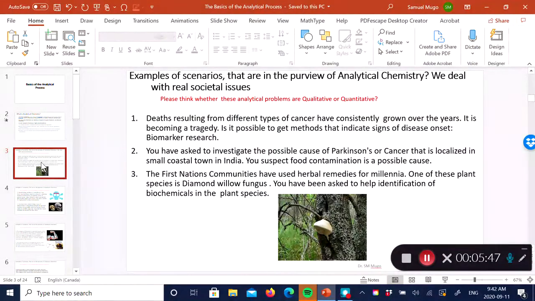So again, a very wide area of research in terms of detecting phytochemicals or biochemicals in the environment, especially in plants. In fact, if you think about modern day medicine, it started from natural products. That's how it started. Things like penicillin and so forth.